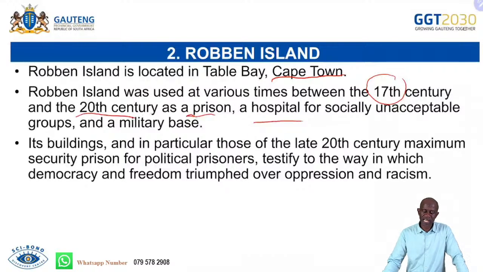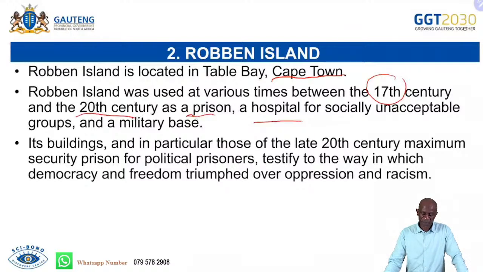So I don't want to delve much into unacceptable groups, but you must well be aware that prior to liberation, South Africa experienced apartheid or separate legislation where people were not treated equal before the eyes of the law.